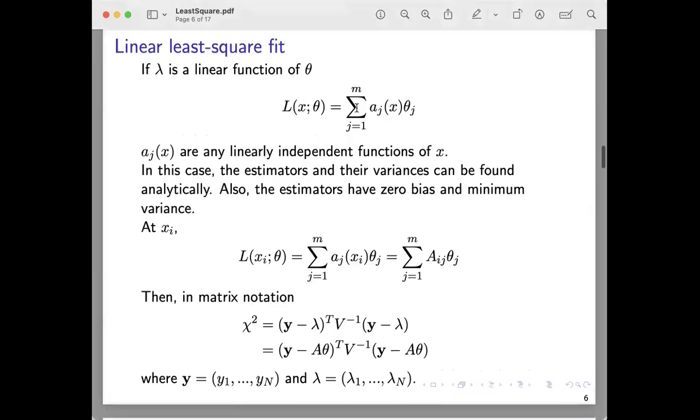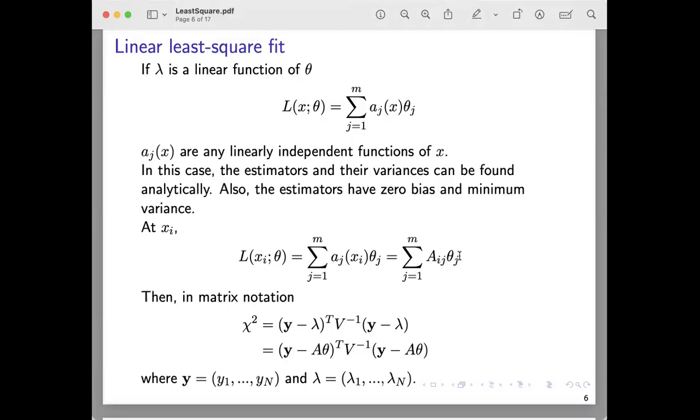So if you write this again, this should be lambda: lambda of xi, theta is the sum over aj theta j, or if you write aj of xi as a matrix Aij, you get lambda of xi, theta to be the sum over Aij theta j.